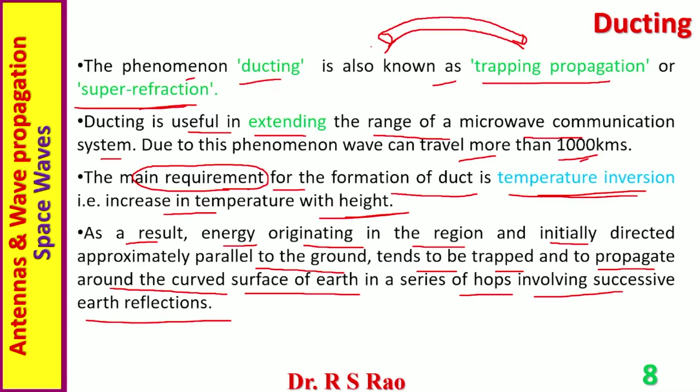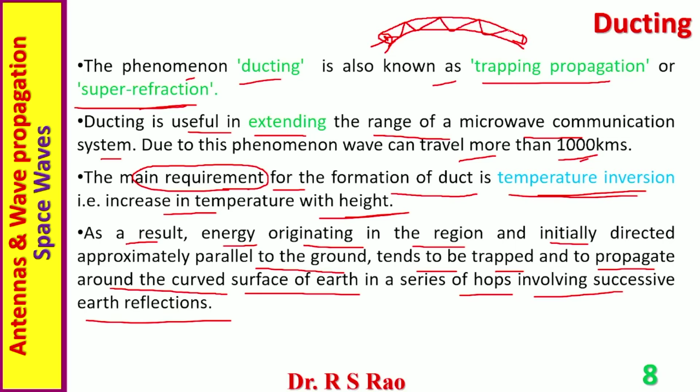When a signal enters this atmospheric pipe, it then travels large distances by means of reflections from the surface of the earth and by means of bending from upper portions of the atmosphere, upper parts of the duct.